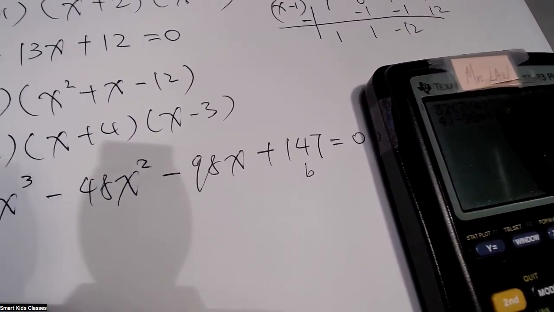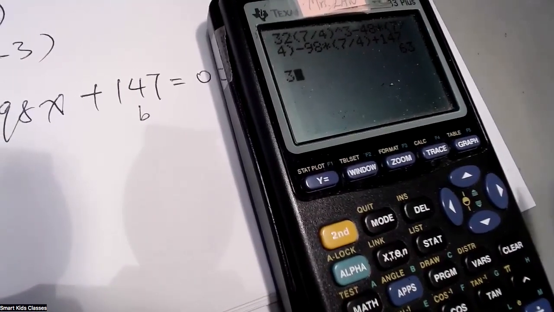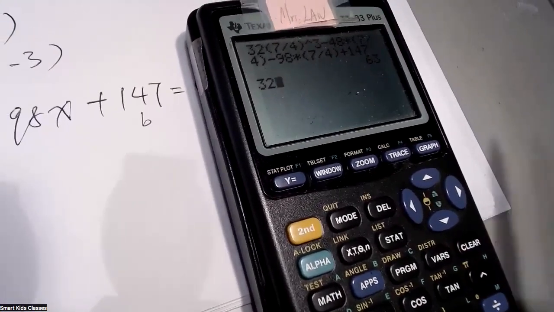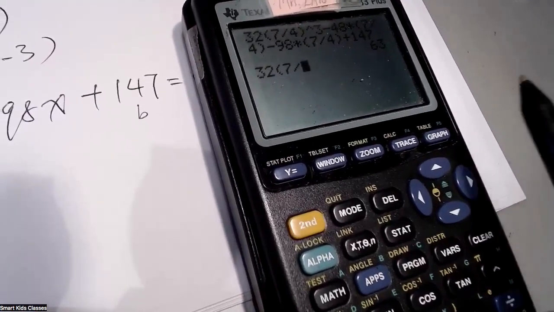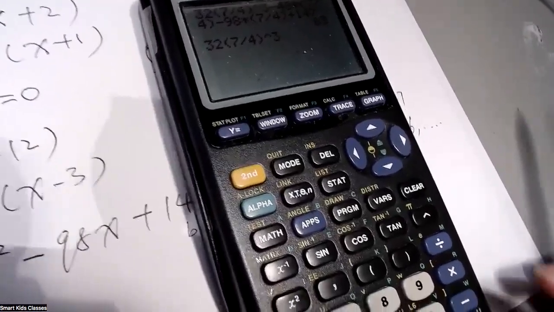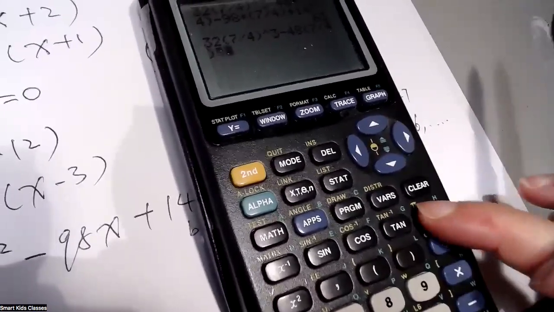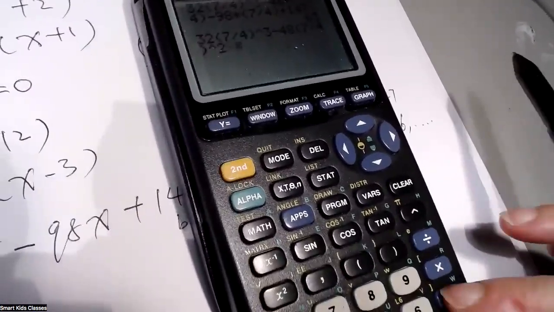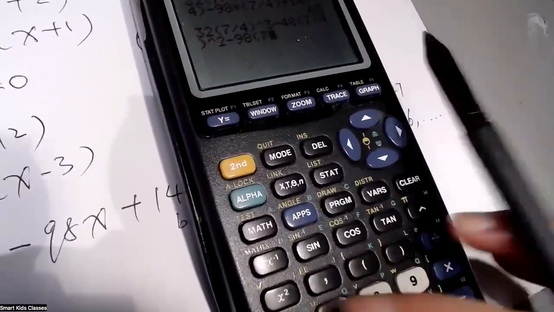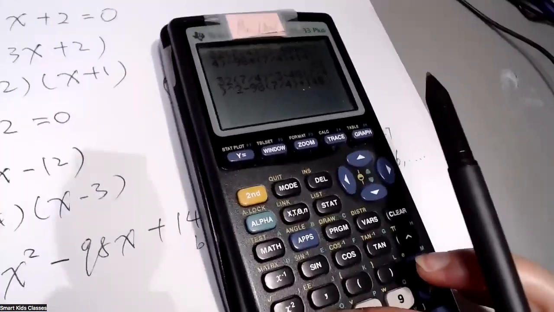So C 7 over 4: 7 over 4 exponent 3 minus 48 times 7 over 4. Oh, I forgot the exponent 2 here. So we're going to do 32 times 7 over 4 exponent 3, minus 48 times 7 over 4 exponent 2, and minus 98 times 7 over 4, plus 147 is equal to 0.